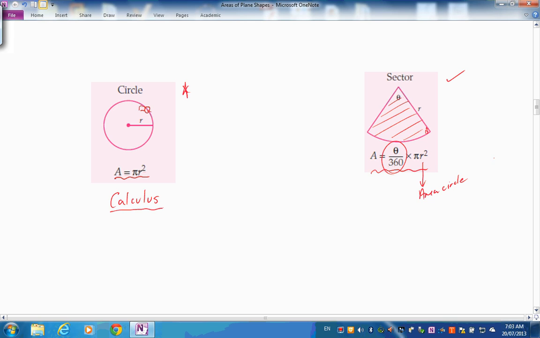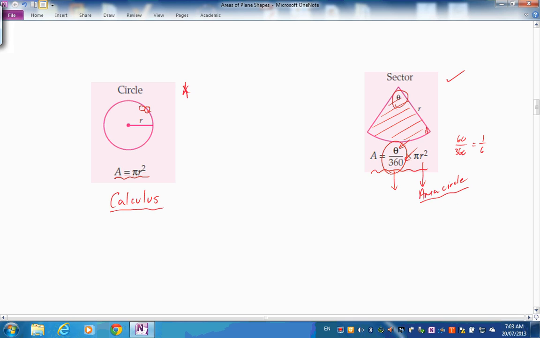What's this doing then? Can you see it? You've got theta out of 360. So if theta was 60 degrees in there, you would have a sixth of the circle, and therefore a sixth of the area.